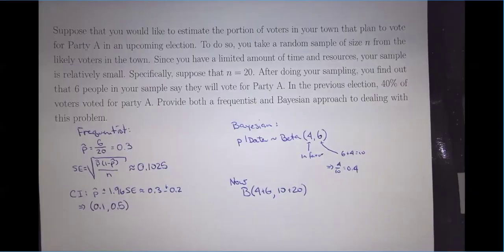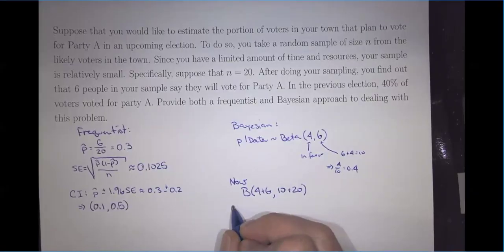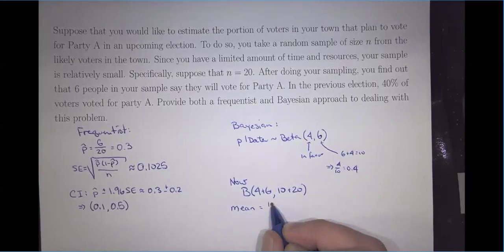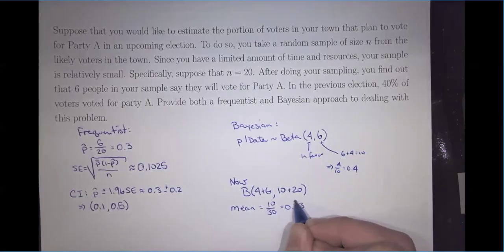So this is going to give us a mean of 10 over 30, which is 0.3 repeating.